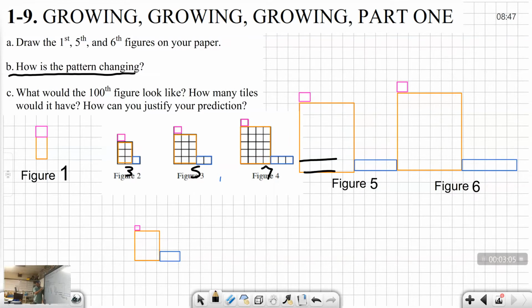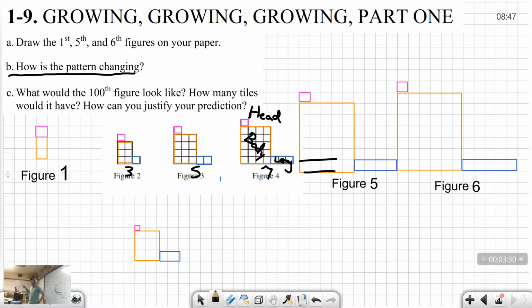Hopefully you saw that this is only a 1 by 3. Now, in terms of parts, we break this down into parts. I broke this down into the body. This is something I would call a leg. And this is something that I would call the head.